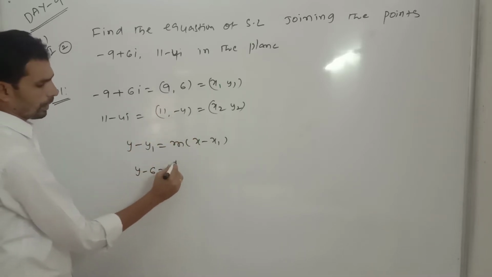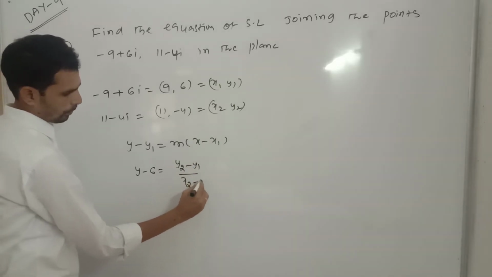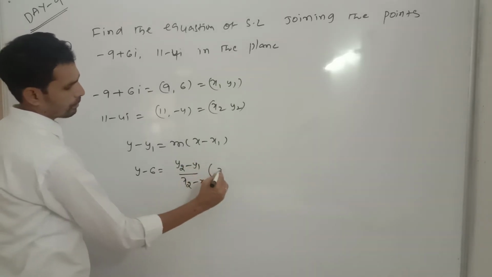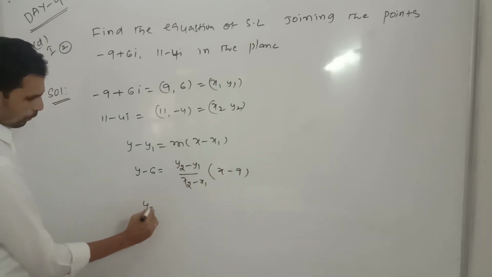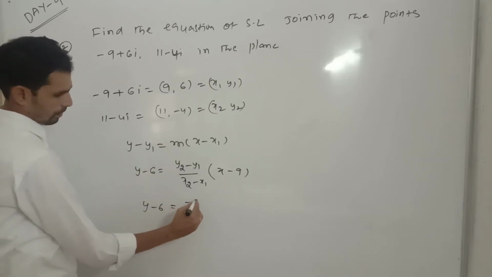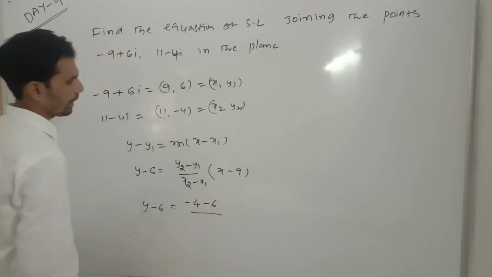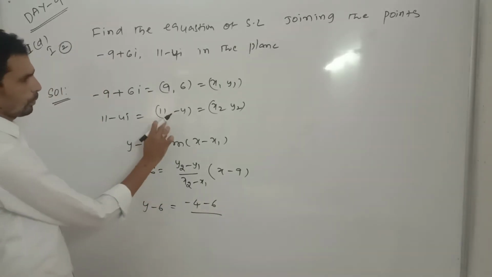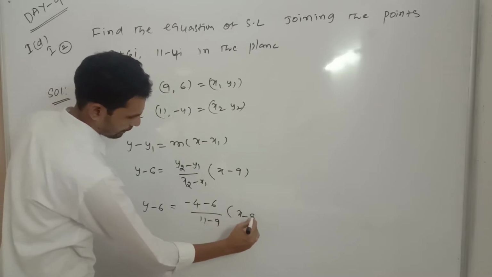What is the formula for the m value? m is y2 minus y1 by x2 minus x1, we already know. x1 here is minus 9. So y minus 6 is equal to y2 minus y1, which is minus 4 minus 6, by x2 minus x1, which is 11 minus minus 9, into x minus x1.